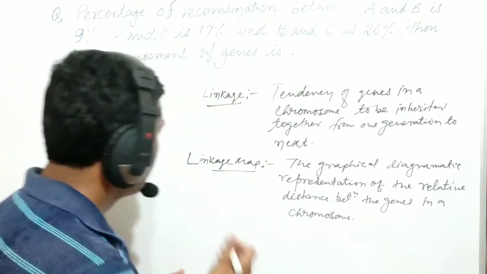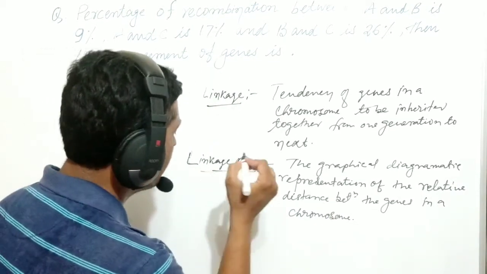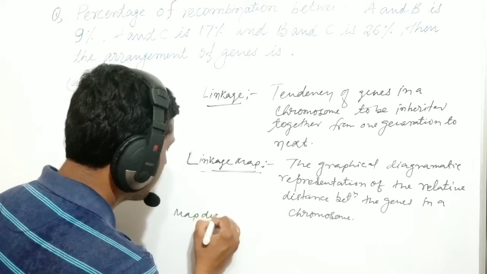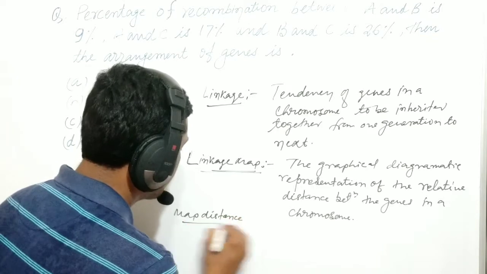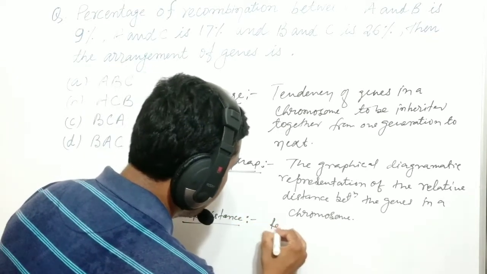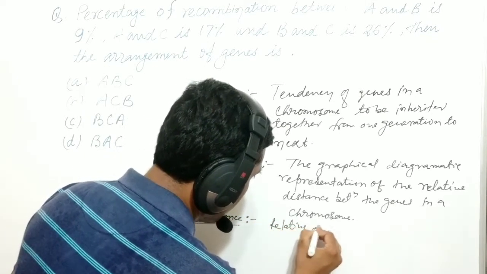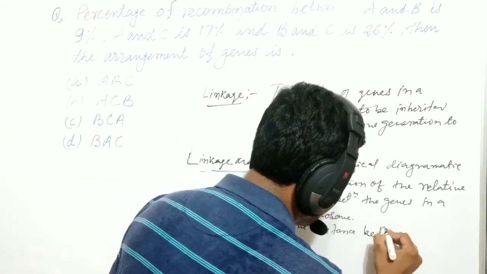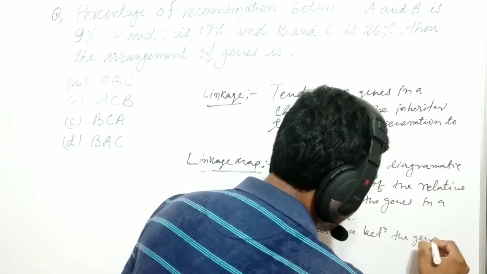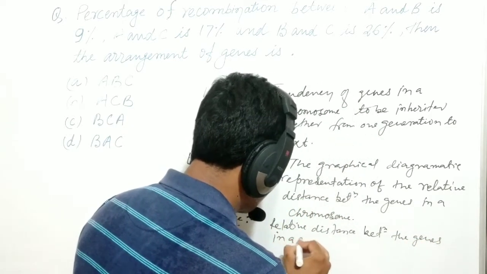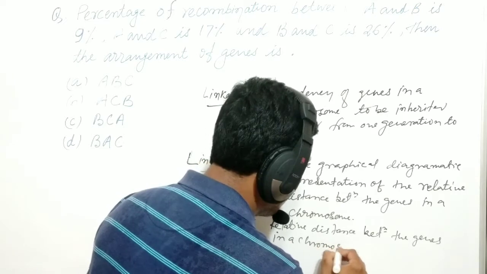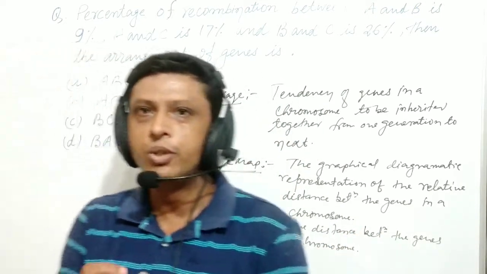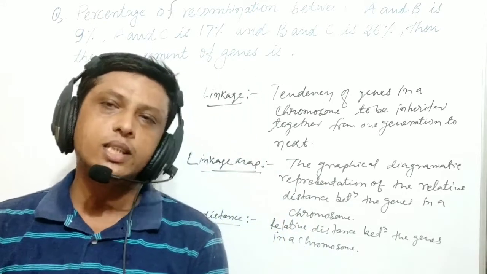How is mapping done? That is called map distance. What is map distance? It is the relative distance between the genes in a chromosome, and how is this distance measured?